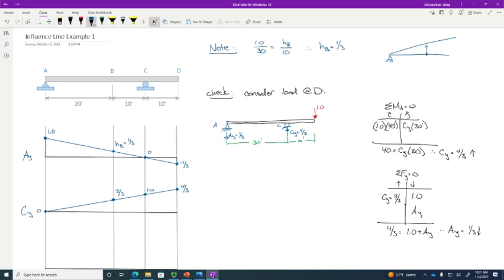Would you agree that this diagram is telling you the reaction, let's say at CY, when a 1 kip load is anywhere, right? How would I use this diagram if I had a 20 kip load? What about a 57 kip load? So now I can tell you the reaction of any load anywhere.